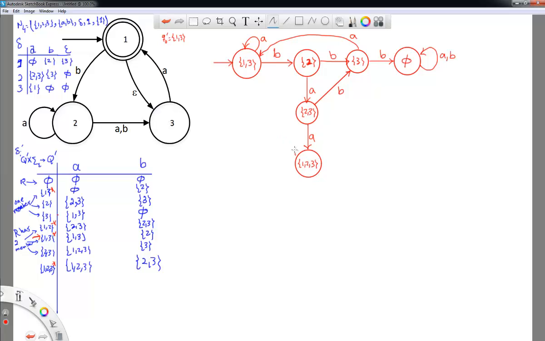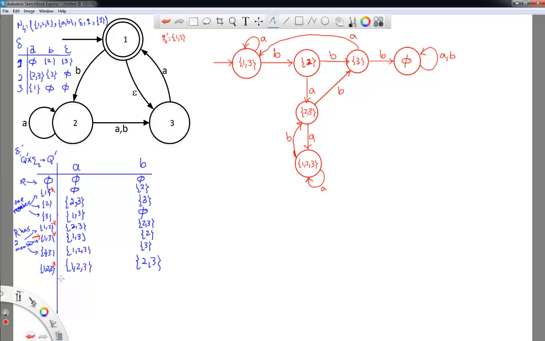And then with a B transition here, you go back to 2 and 3, and with the A transition from that state, you stay in 2 and 3.